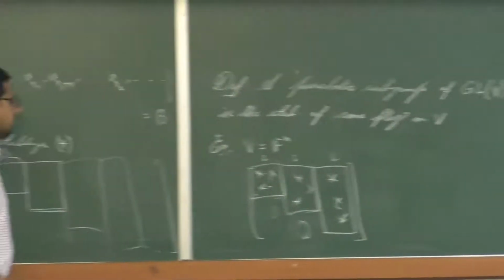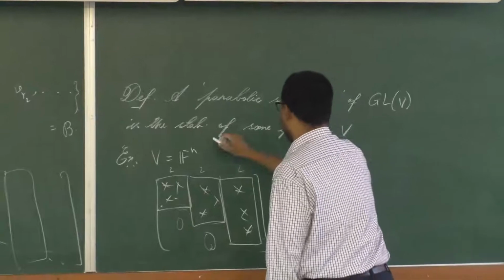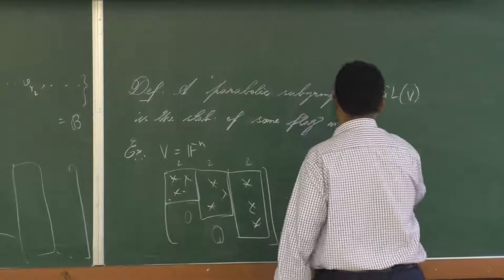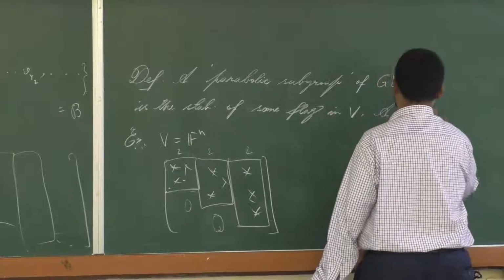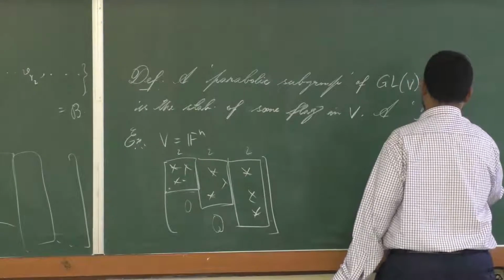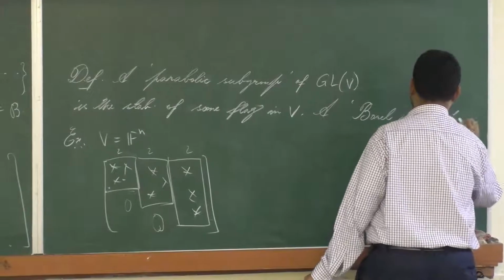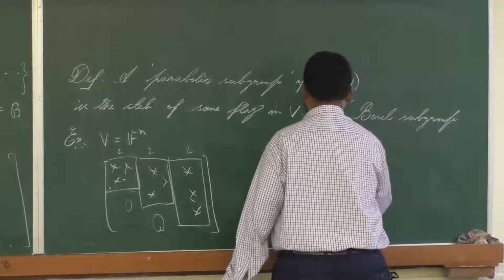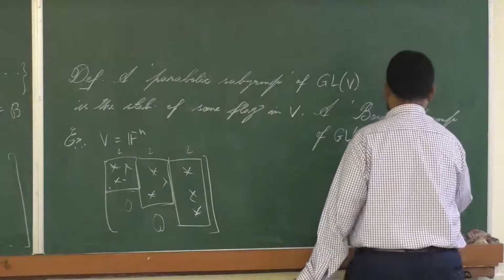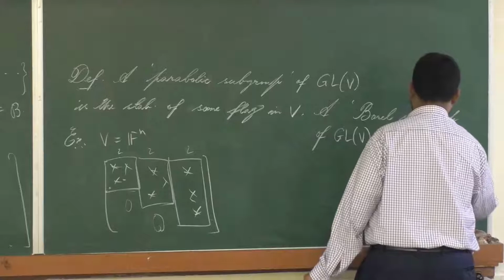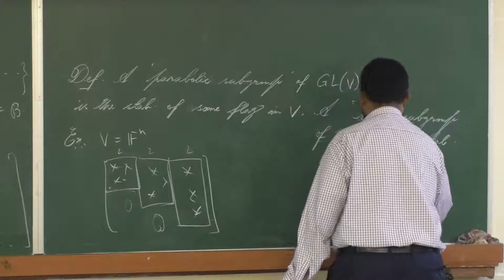And in the special case when it's a maximal flag, then we call it a Borel subgroup. A Borel subgroup of GL(V) is the stabilizer of some maximal flag.